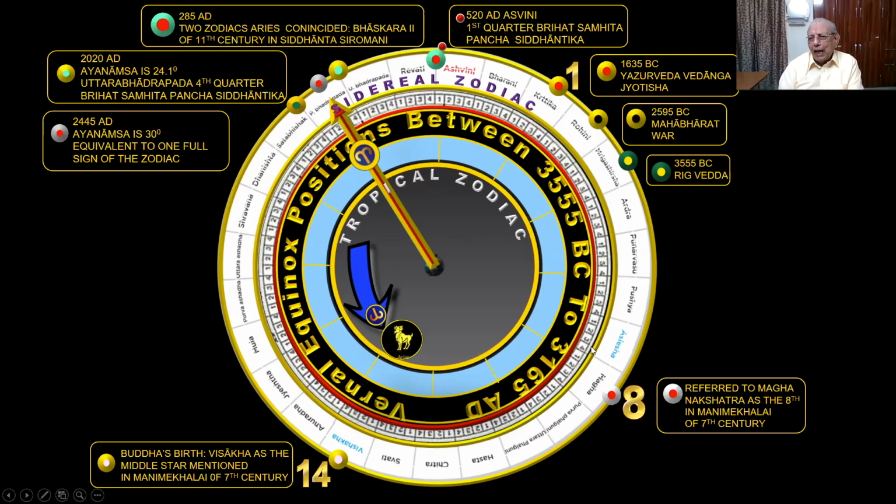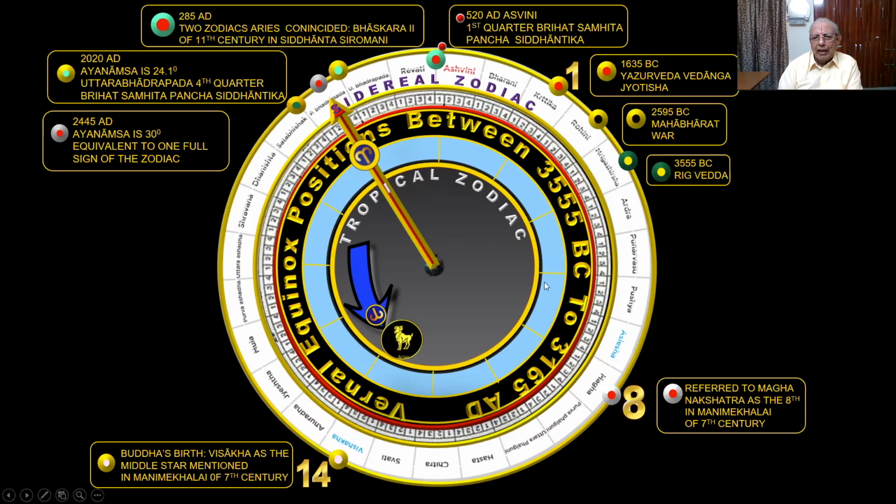Therefore, all the planets posted in the tropical zodiac will be one sign, one house, ahead of the planets found in the sidereal chart. In 2445, we can see a major change in the astrological charts, sidereal and tropical, because they will differ by about 30 degrees, one sign completely.